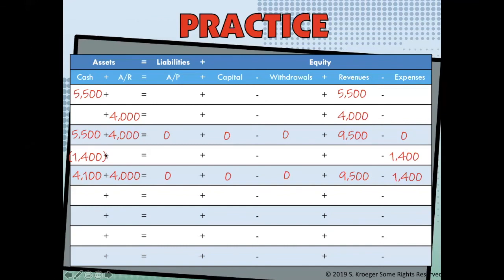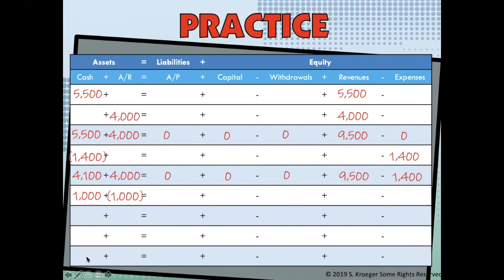In this scenario, we are receiving $1,000 cash because they owed us money. The accounts receivable of $4,000 now gets reduced by $1,000 because they no longer owe us the full $4,000. Nothing else gets touched here, but the equation still works even though it's all on the same side. 1,000 minus 1,000 is 0. So this still works.